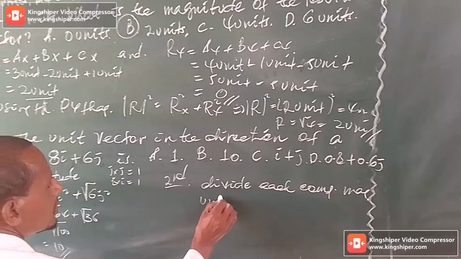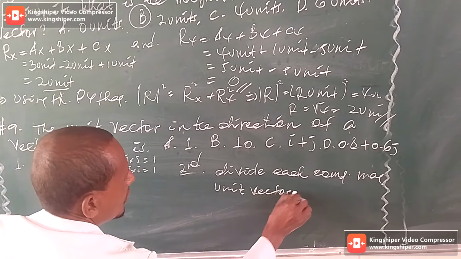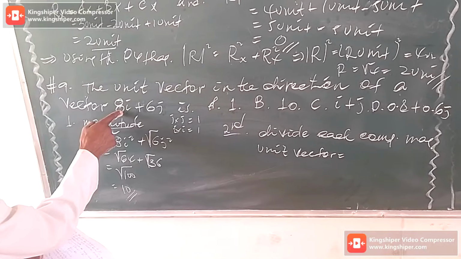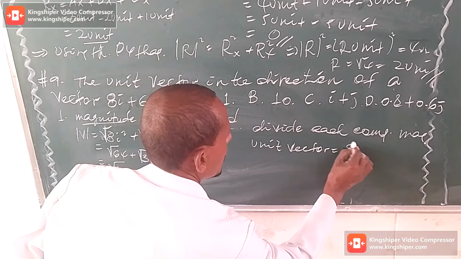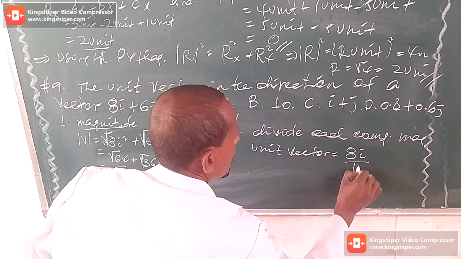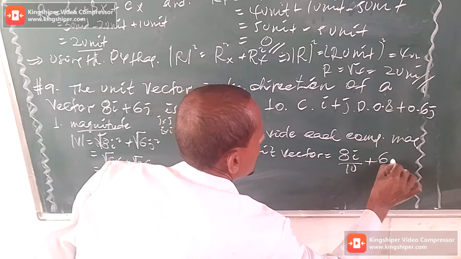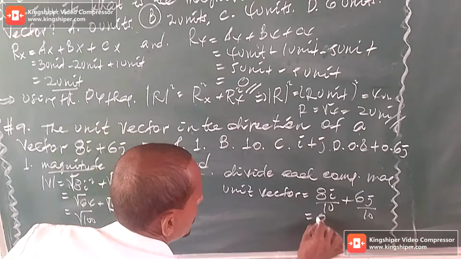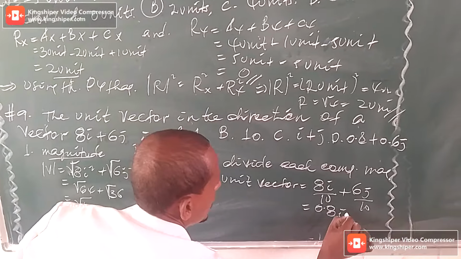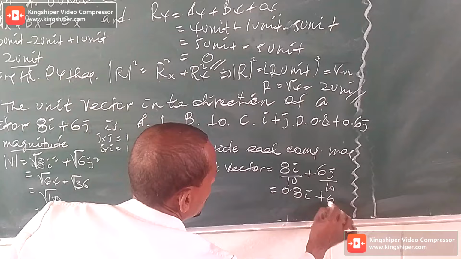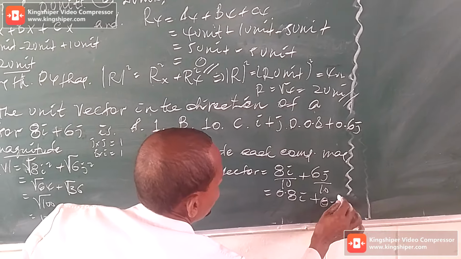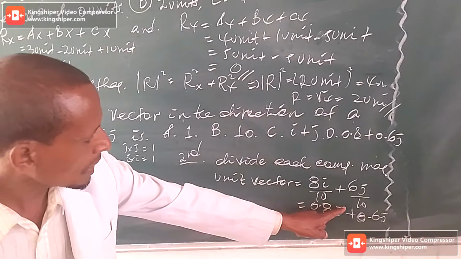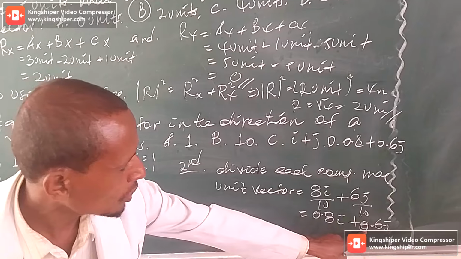Unit vector is equal to, in the i direction we have 8, in j direction 6, meaning 8 i direction over 10 plus 6 j direction over 10, which is equal to the quotient 0.8 i direction plus the quotient 0.6 j direction. So the unit vector which we get from the calculation is 0.8 i direction, 0.6 j direction.